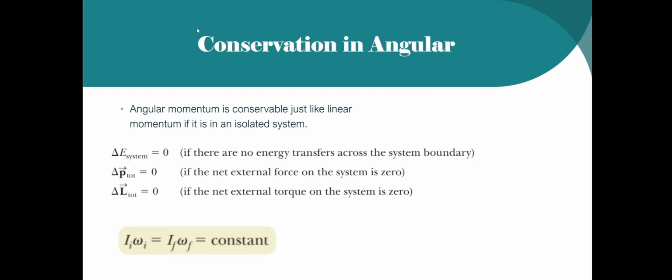This is actually how figure skaters get to spin so fast. They have a very high angular velocity when they are in midair twirling around. They can do numerous rotations in midair. Why is that? Well, they change their moment of inertia.